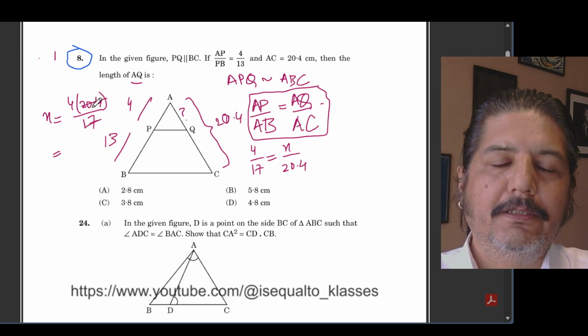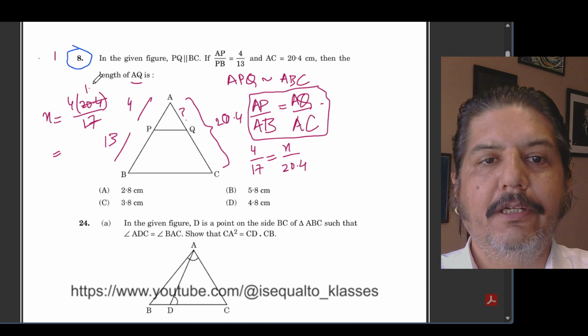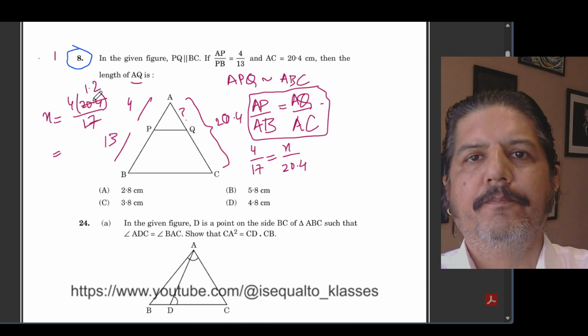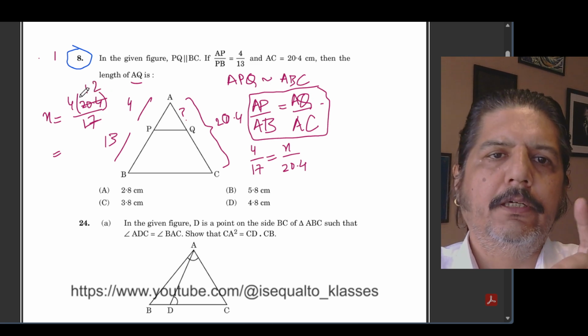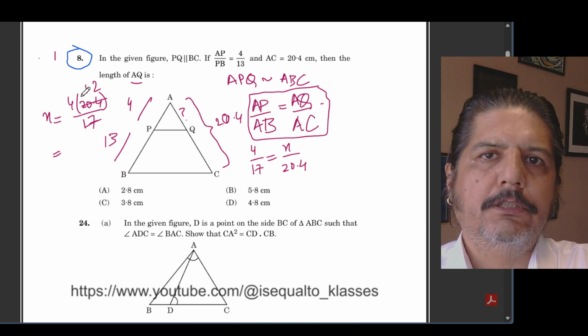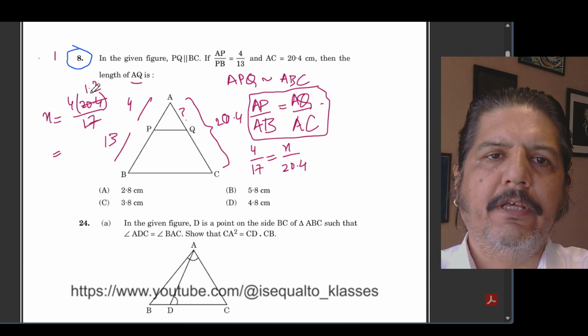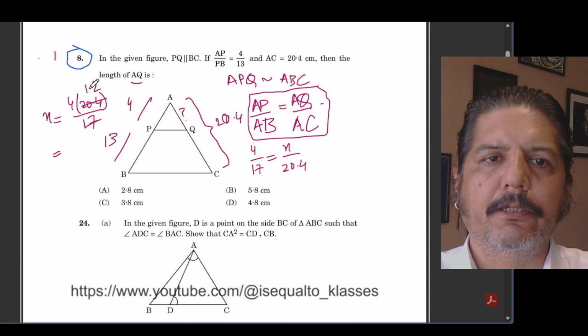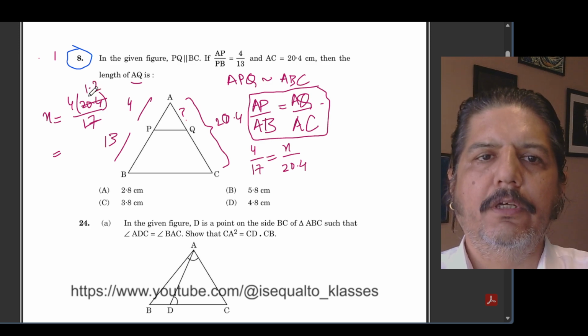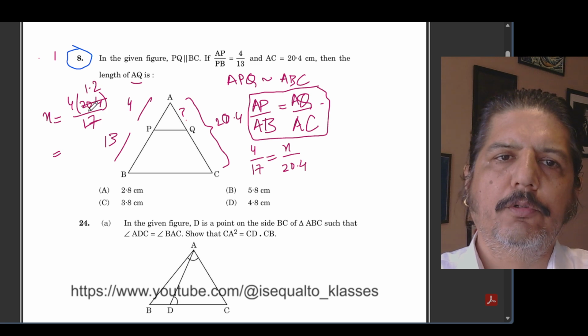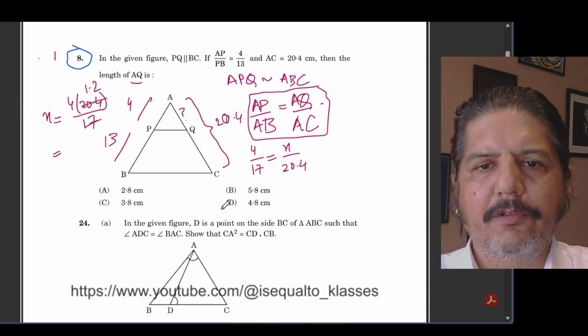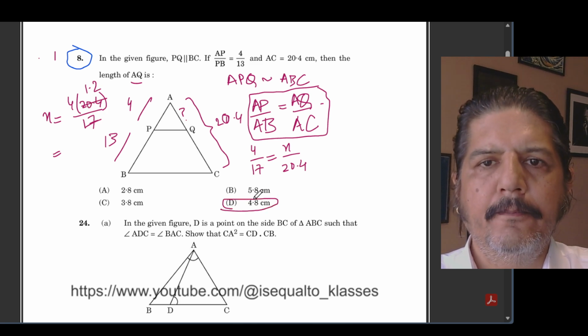See, this is 17 ones are 17, and 17 twos are 34, so just divide. If you multiply the numerators, the number becomes bigger, fatter. Why multiply, because anyway you have to divide by the denominator. So 17 ones are 17, 17 twos are 34, 1.2 into 4 is 4.8. So my answer would be 4.8.